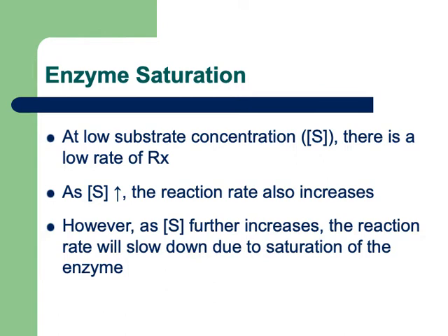Okay, it's all based on substrate concentration. As substrate concentration increases, that means there's more substrate available, and the reaction rate also increases. However, if we see an even greater increase in substrate concentration, the reaction rate will slow down due to saturation of the enzyme. There's only a certain amount of substrate concentration for that enzyme, so we're limited by enzyme saturation.